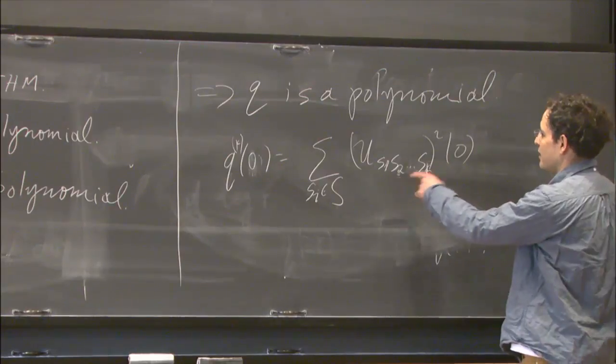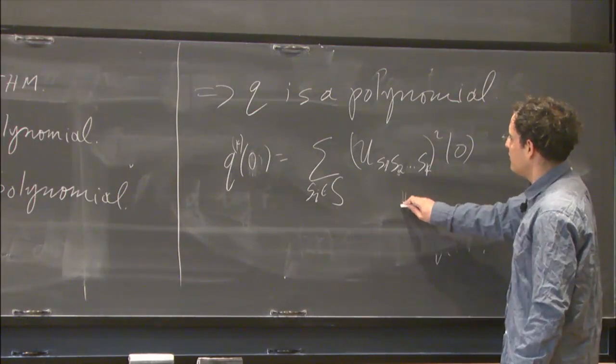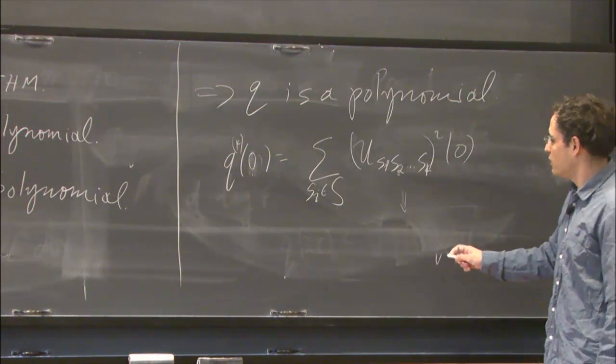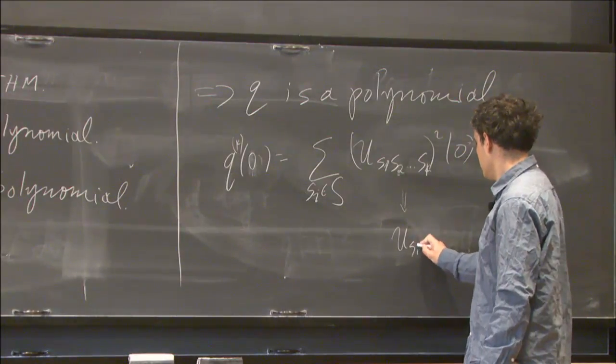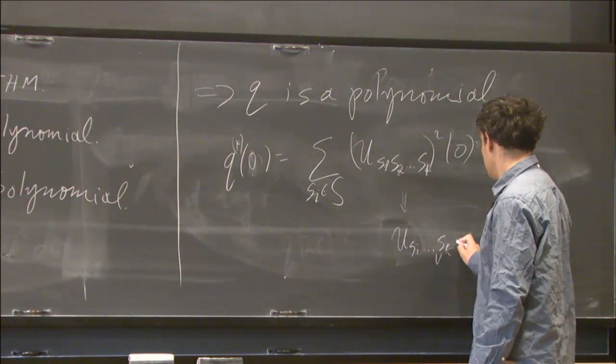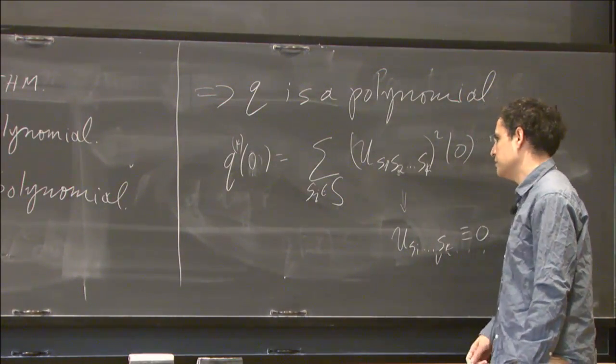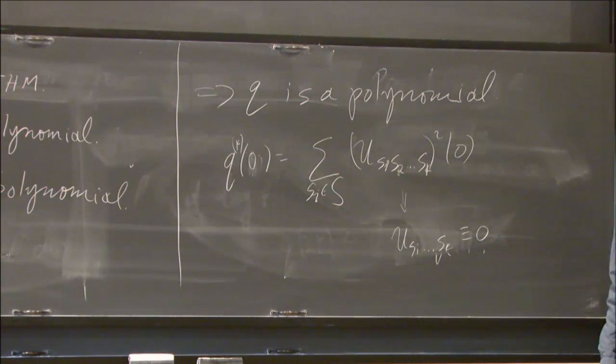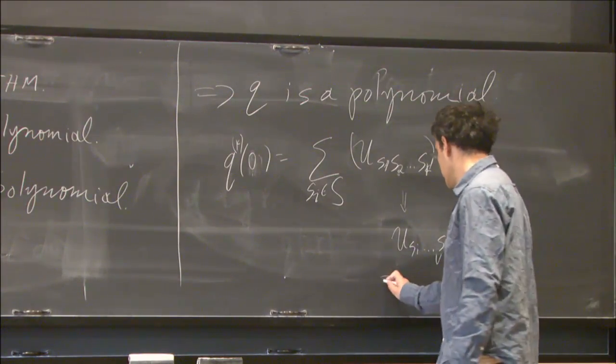So we get that all derivatives of k-th order of u are 0. And this means that u is a polynomial.